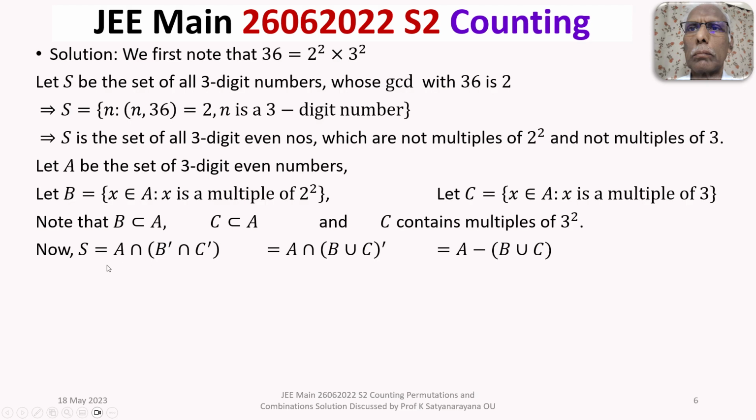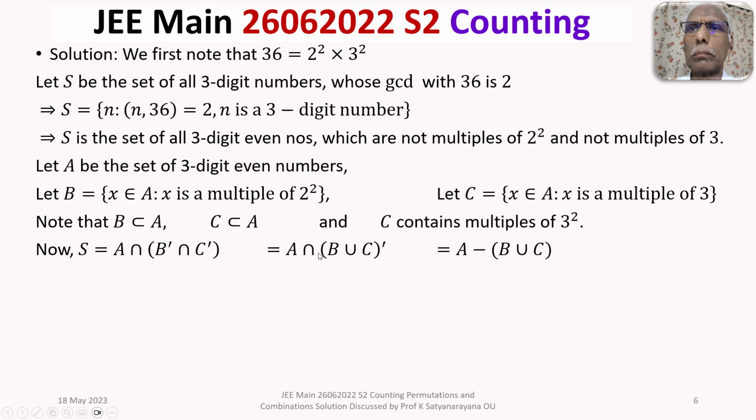And that means it will be A intersection B complement intersection C complement. Now B complement intersection C complement can be written as (B union C) complement. This is De Morgan's law. We are using De Morgan's law.